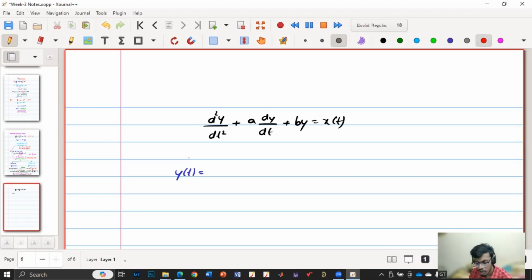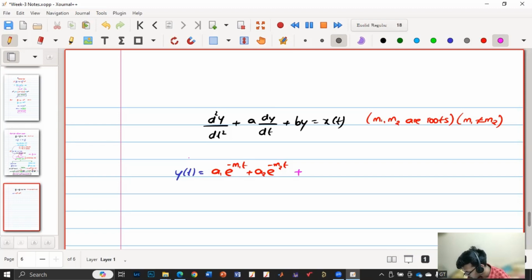The natural response now has two terms because it is second order: a1 into e to the power minus m1t plus a2 into e to the power minus m2t, where m1 and m2 are the roots and they are not equal. So this completes our natural response.